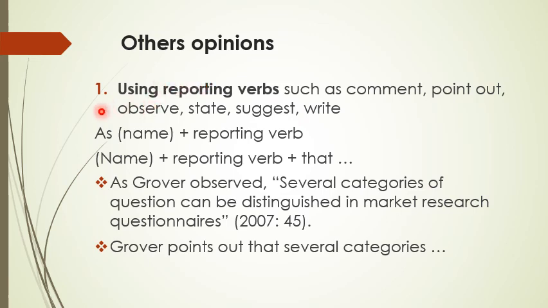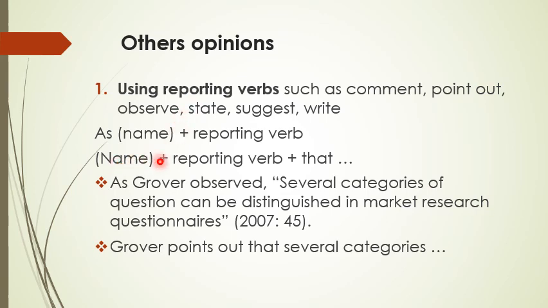Someone reports a name, the name of the group or the name of a person, reported or suggest or state or observe, pointed out, commented or comment. All these verbs can be used to report others' opinion or refer to a particular paper or a particular group.